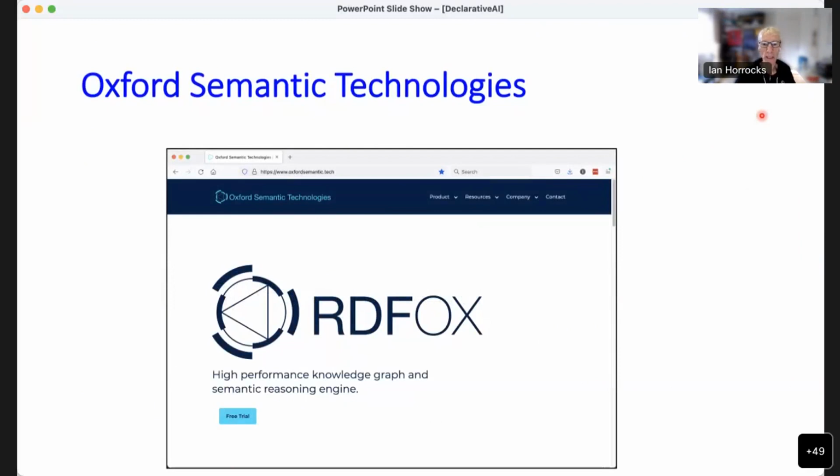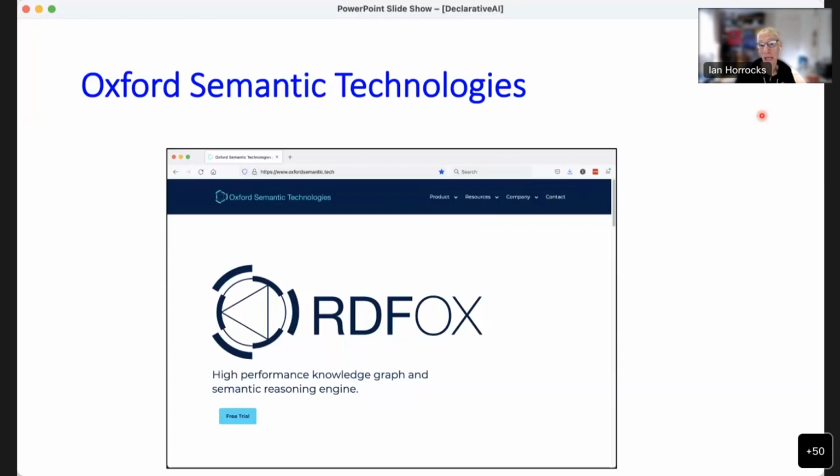One of the things we wanted to do when we developed RDFox was to show that this kind of system can actually solve real problems out there in industry. But unfortunately, as you all know, it's very difficult to persuade industry to really use systems that were only developed in research.